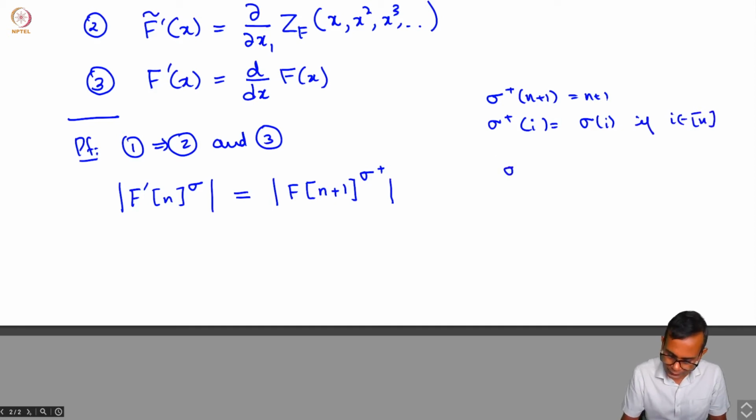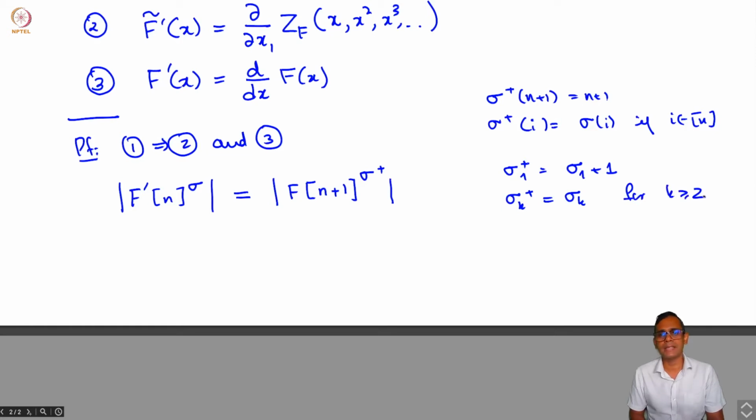Now note that sigma plus has one more 1-cycle than sigma, and for k greater than or equal to 2, the number of k-cycles in sigma plus is the same as the number of k-cycles in sigma.